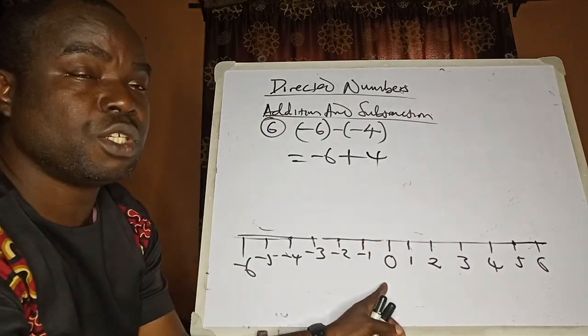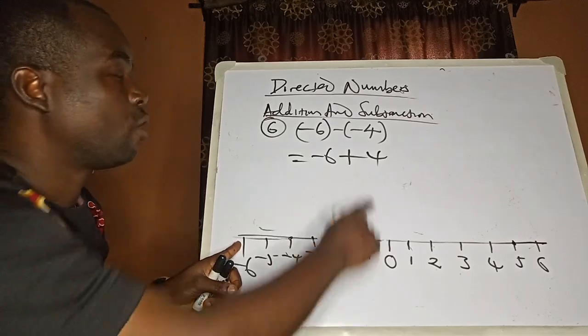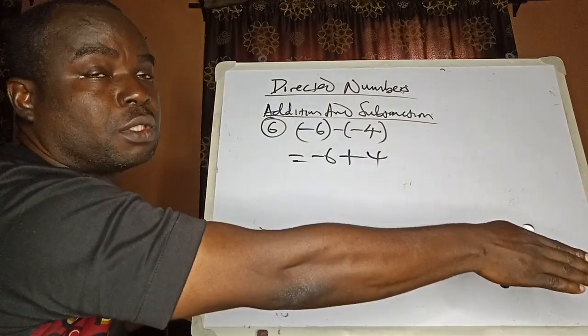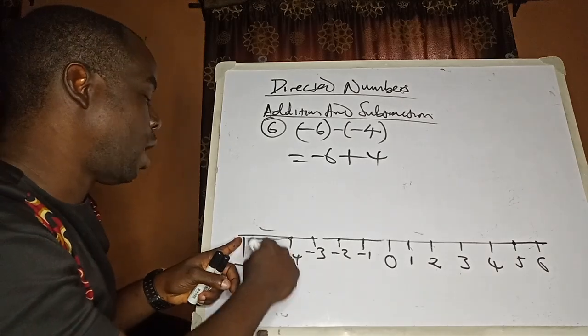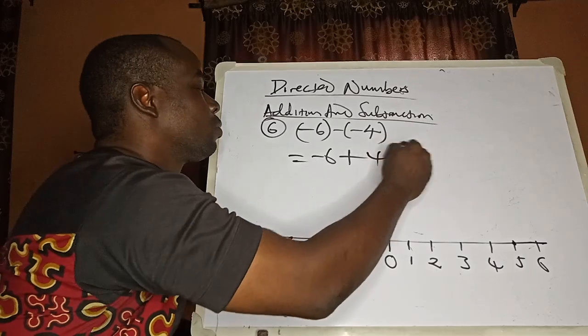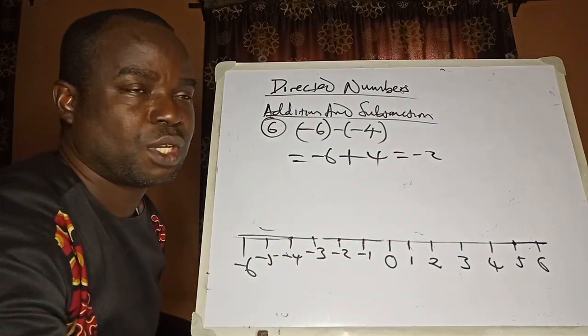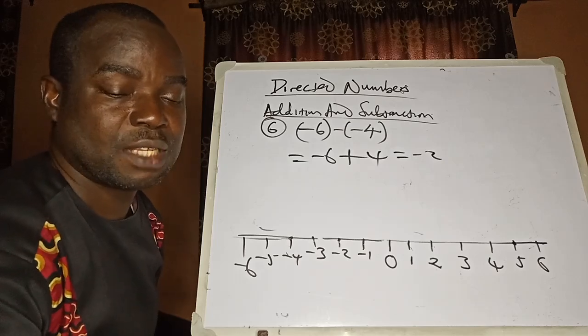You now use the number line to finish it. What is minus 6 plus 4? This is minus 6, right? Then I go 4 places forward, plus. You have 1, 2, 3, 4. The answer is minus 2. Very simple, right? Okay, so let's look at the next one.